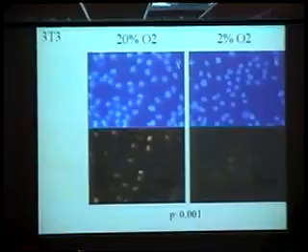And just like there's a core series of genes that regulate commitment to muscle development, there's also a core series of genes that regulate commitment to fat. And these genes, in this case PPAR gamma, were more likely to be found in the cells in 20% oxygen versus in lower oxygen conditions.